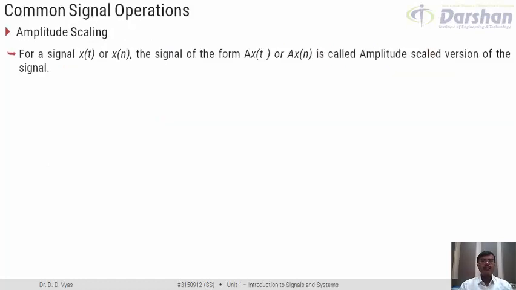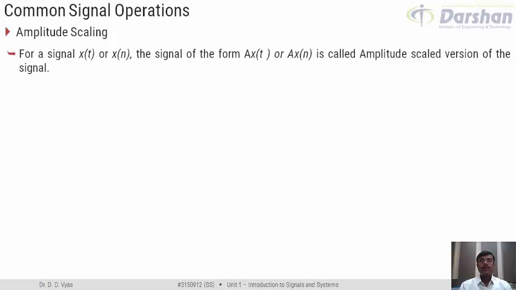For any continuous time signal x of t or discrete time signal x of n, the signal of the form A x of t or A x of n is called an amplitude scaled version of the original signal, where capital A represents a constant.